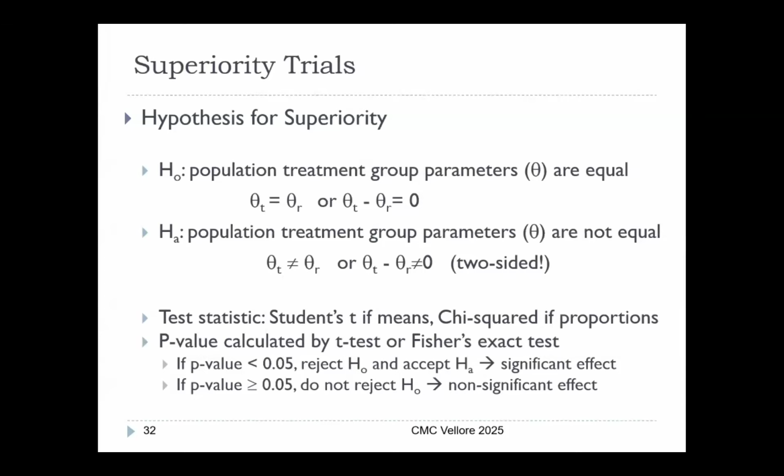The reason it is two-sided is actually historically because people cheated. And why did people cheat? Because people love significant results.